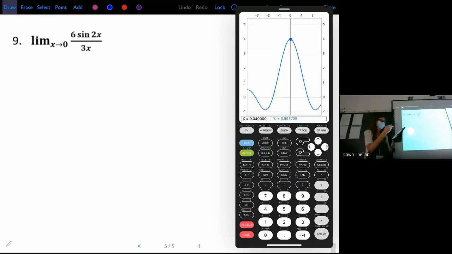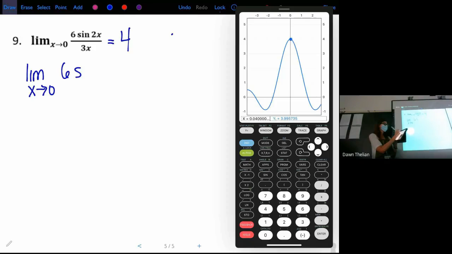That's the answer, 4. Now, this is one of the ones that you could say, 6 times 2 is 12 divided by 3. It's got to be a 4. And then as long as you've got the function plugged in correctly, the calculator will verify that that's the case. Algebraically, that sine 2x needs a 2x in the bottom.